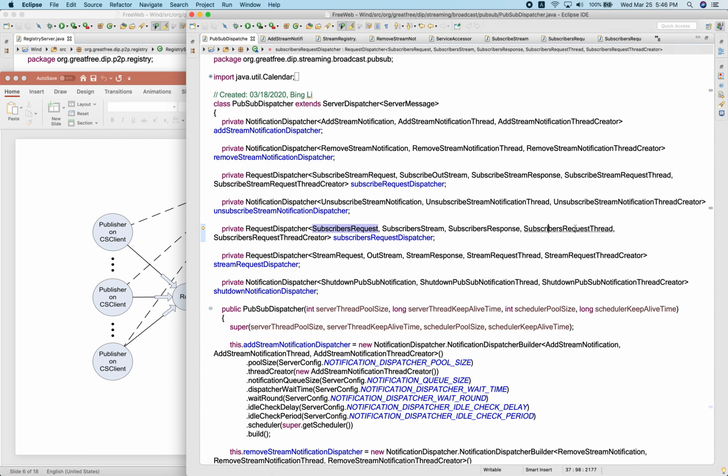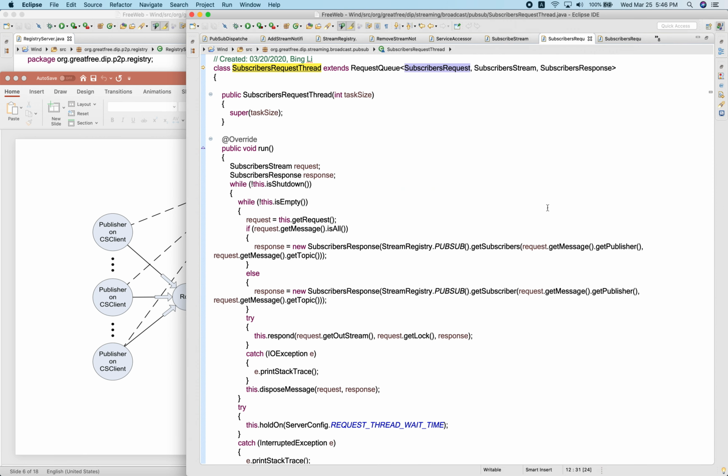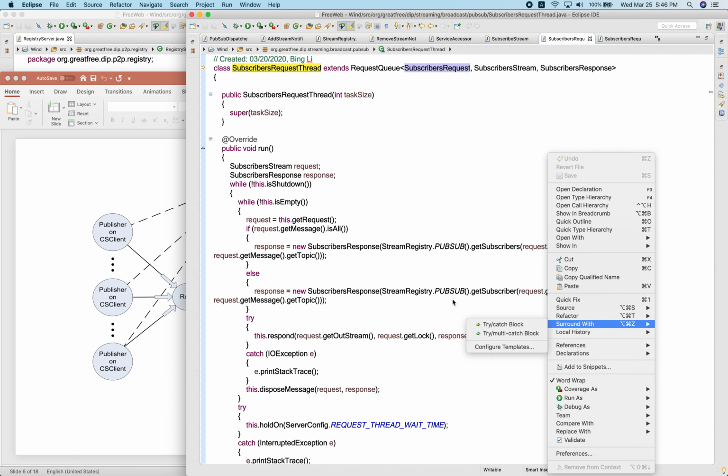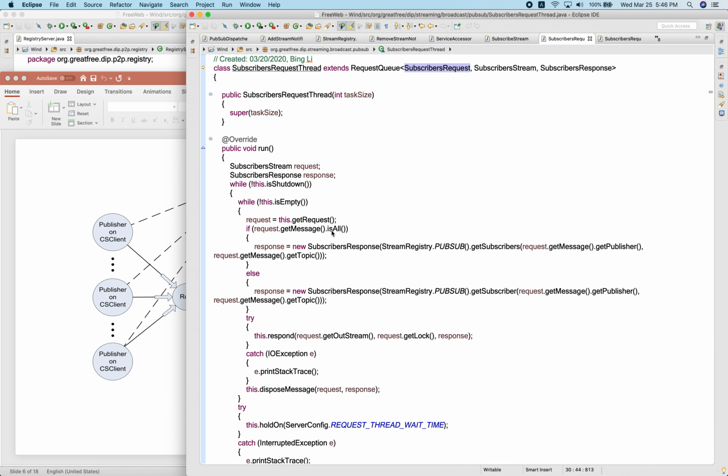Okay, so let us take a look at the code on the pub sub server. If all the subscribers for one particular stream need to be returned, that message must be sent from the randomly selected child, right?